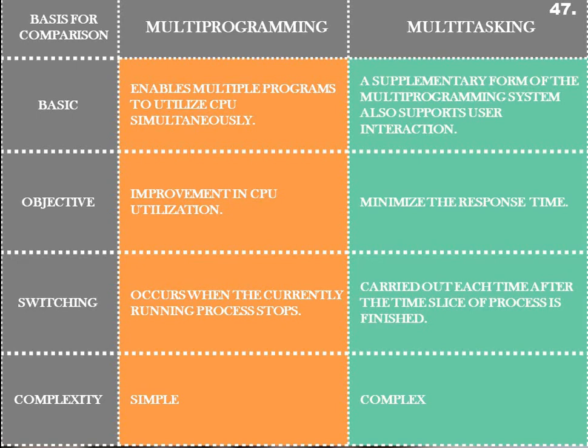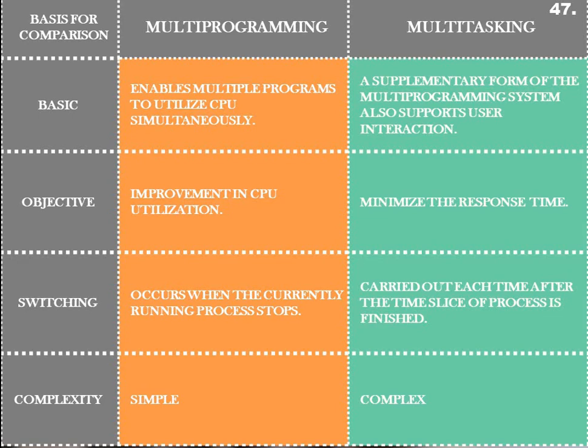In multiprogramming, there is improvement in CPU utilization. As multiple programs are being handled by the CPU, it handles one program completely, then afterwards the CPU handles the other program. In multitasking, it minimizes the response time, but it does not improve the CPU utilization. Multiprogramming occurs when the currently running process stops.